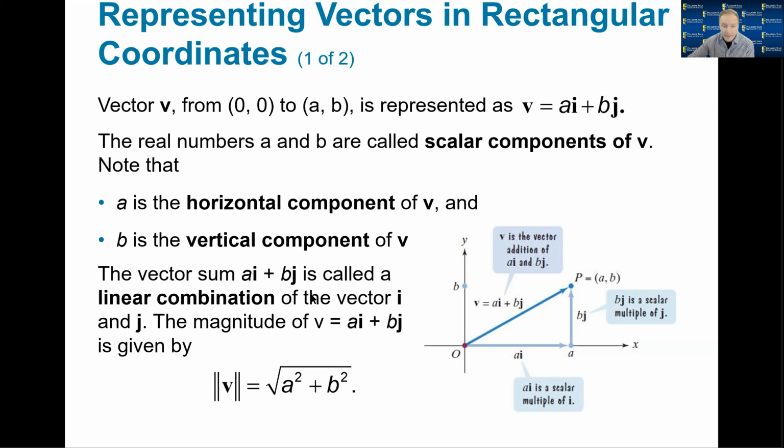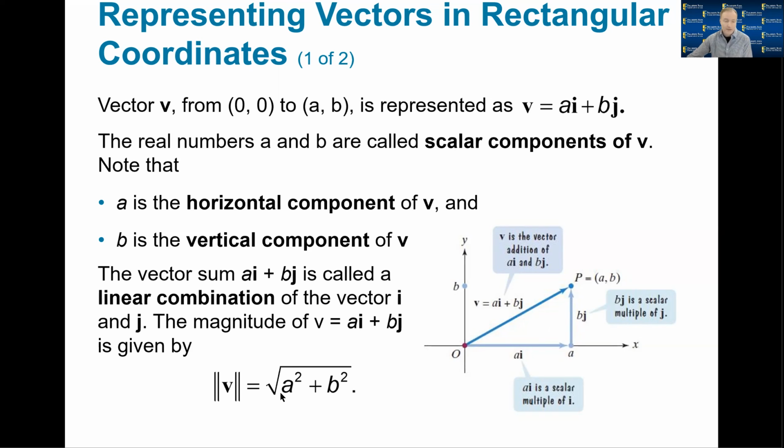Now, I know that if I were to draw this out and I'm making the assumption that a is a positive value and that b is a positive value, I could say vector v, which would equal ai plus bj, is going to have a magnitude. You can say, well, clearly if the horizontal factor here is the a value, the vertical factor is the b value, then the diagonal, which is going to give me the magnitude of the vector, is just going to be the square root of the horizontal factor squared plus the vertical factor squared.